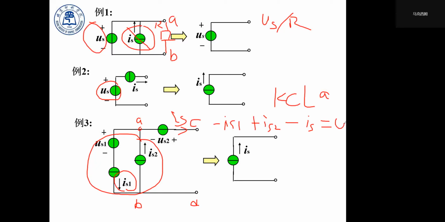So we know that IS equals IS2 minus IS1.